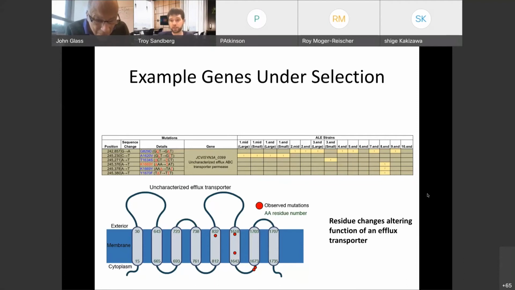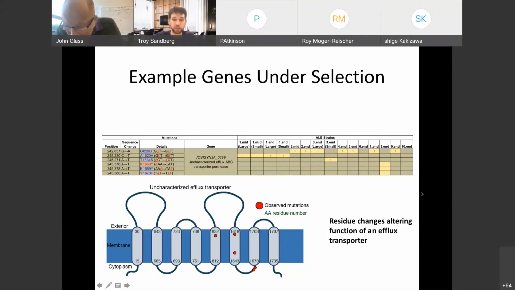And so, unlike with TET-M likely being deactivated, this shows clear signs of altering the function of this transporter. It could be upregulating, increasing its flux capacity, perhaps, or it could be changing the substrates that it acts upon. This mutational list provides good resources to go and make mutants to test what these changes are doing and characterize the genes.